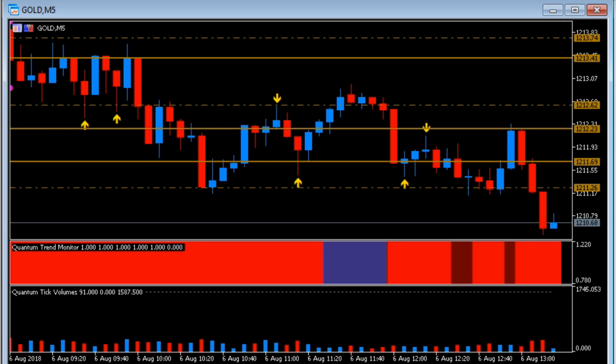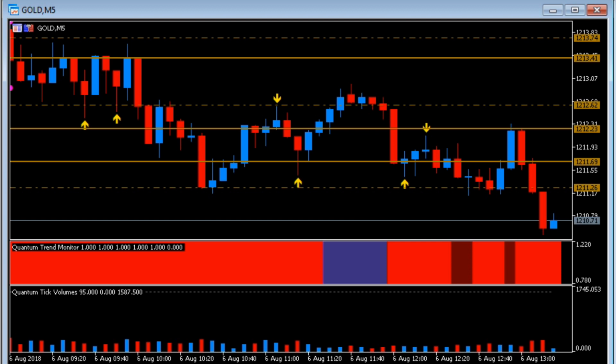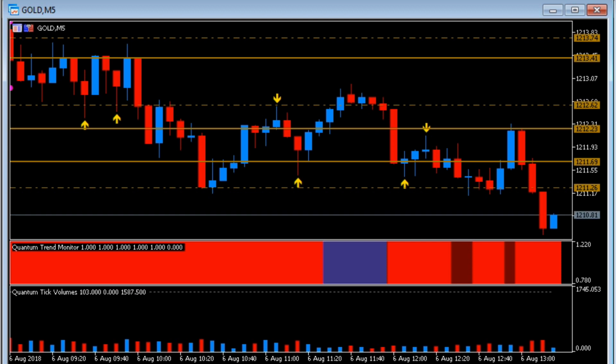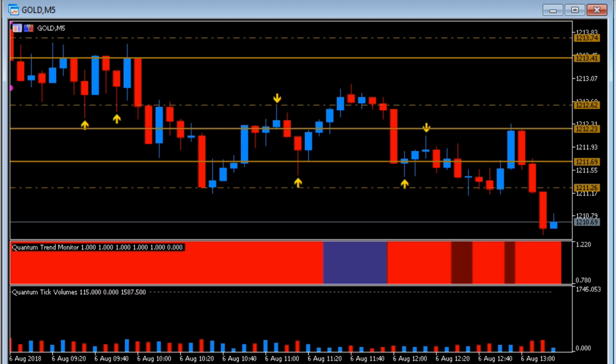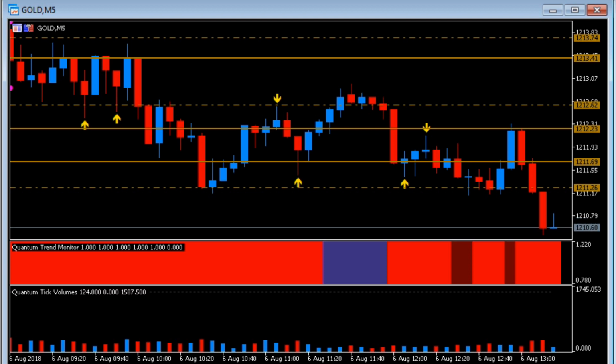We've had a little bit of dark red come in as the market has paused again, and now we've transitioned right the way back through to bright red again. So the trend monitor has been designed to help you through these phases where you are seeing reversals, to try and identify for you whether this is a true reversal in trend or whether it's simply a congestion phase within a longer term trend. In this case, it's a downtrend.